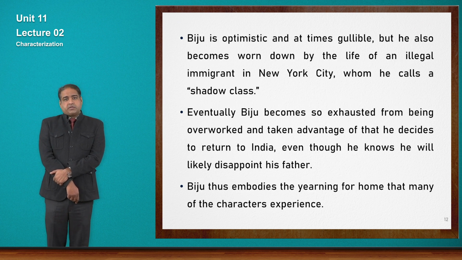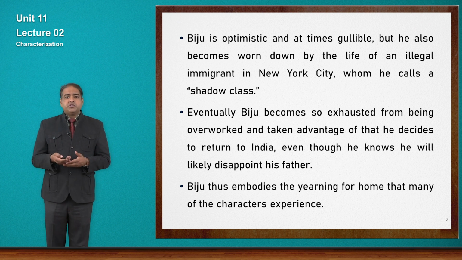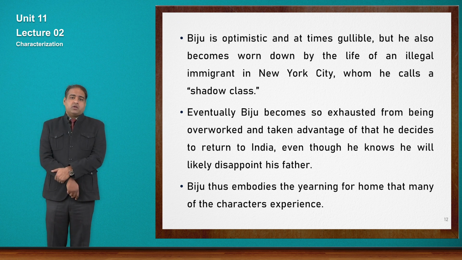Biju is optimistic and at times gullible, but he also becomes worn down by the life of an illegal immigrant in New York City, whom he calls a shadow class. So friends, slowly in his life, Biju has learnt that he is an outsider in America. He is a shadow class.